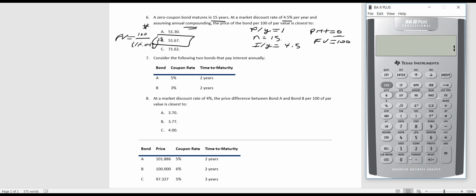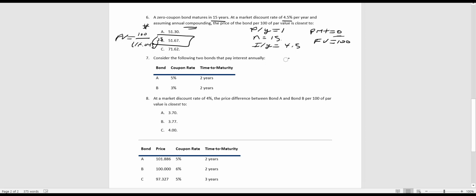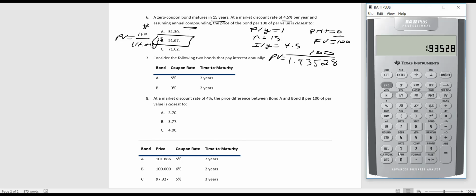We're going to do 1.045 y to the x to the 15, and that's going to give us 1.93528. So the present value equals the future value, the 100, divided by 1.93528.